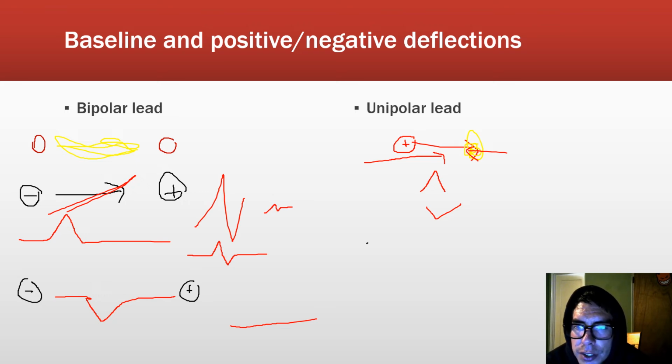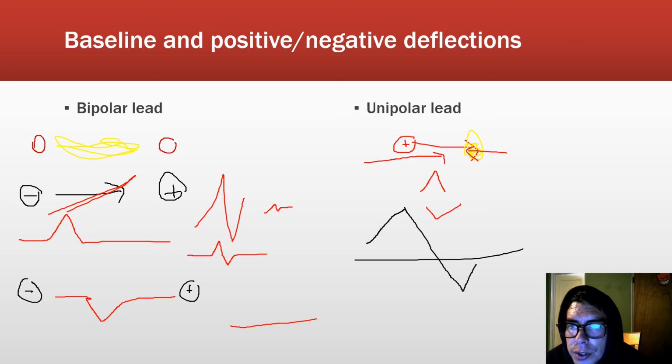So as it starts, it's coming closer, closer, closer. Then you see it's lined up, and then as it passes it, it'll go away. So that being our baseline, it comes close, passes it, goes farther away, so it creates a biphasic deflection.